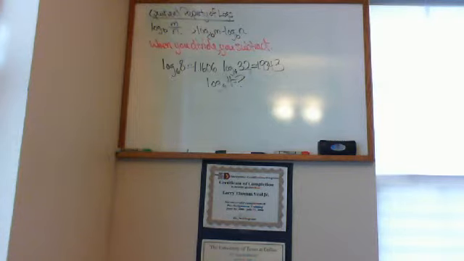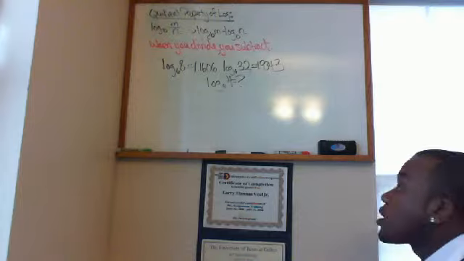So what if we took these two and did log base 6 of 32 divided by 8, and did 32 divided by 8 to get our actual number? We'll be in good shape, right? So let's check that out.